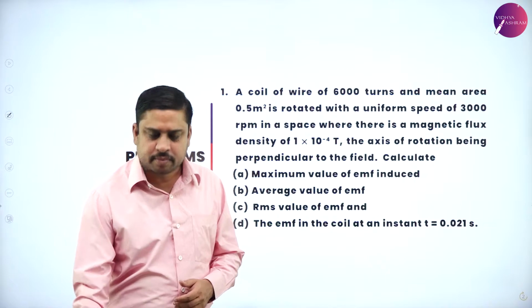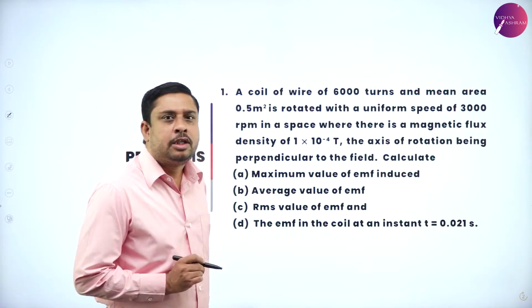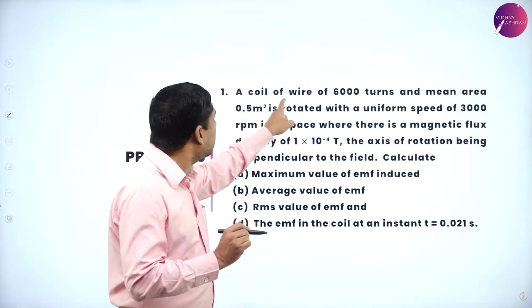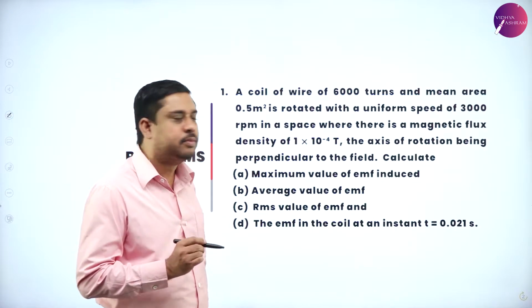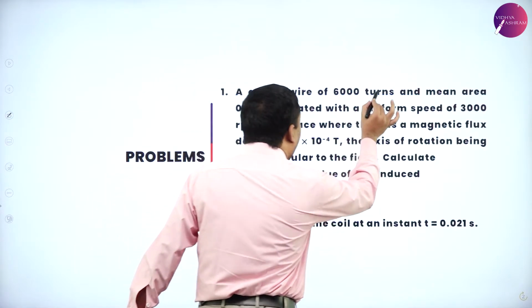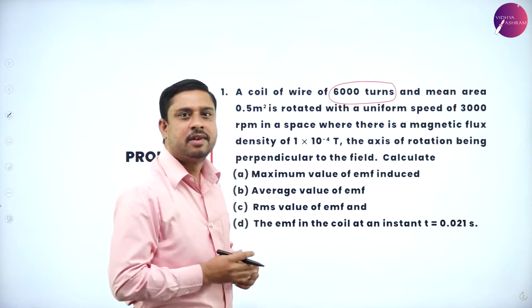The first one, quite interesting. The problem says a coil of wire of 6,000 turns.